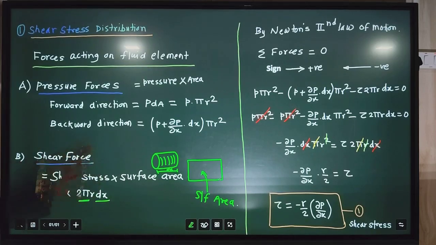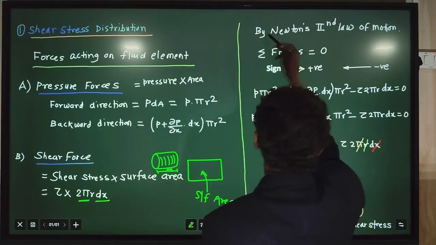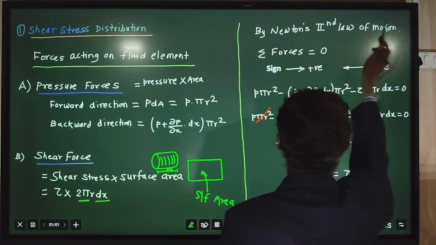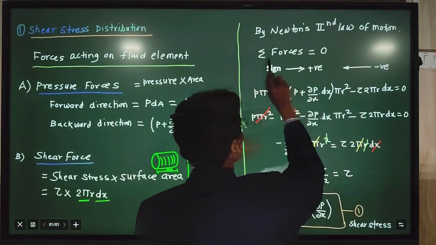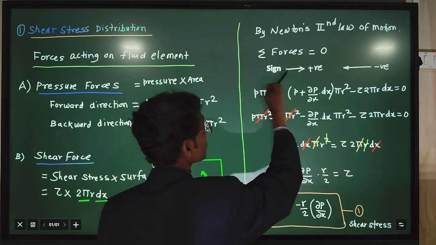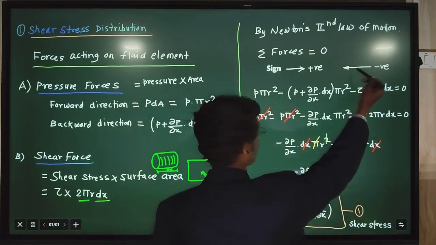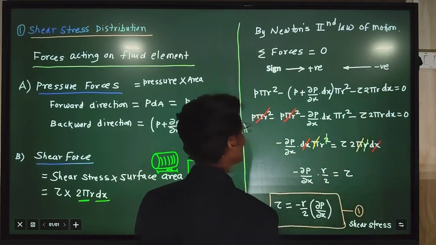Now about the sign convention we will use here. All these forces we write with the help of an equation, that is by Newton's second law of motion. We say that the summation of all forces is equal to 0. In this case, for forces in the forward direction we use a positive sign, and for forces in the backward direction we use a negative sign.